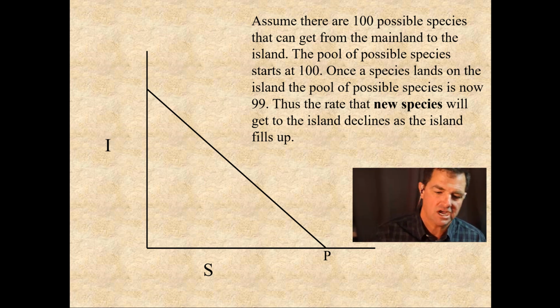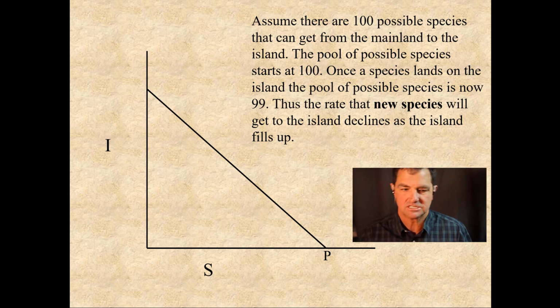So over time, the pool of possibilities starts out at 100, but as one bird species occupies the island and then another and then another, the number of species that could occupy it is declining because you already have 3 or 4 or 5 on it. So at some point, when you have, let's say, 20 different bird species on the island, that means the possibilities from your original pool are now down to 80, as an example.